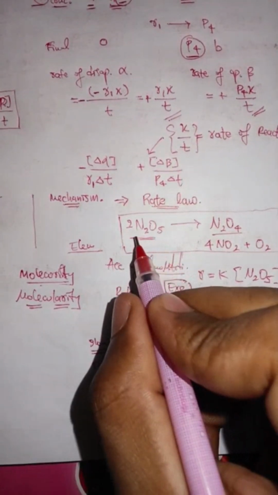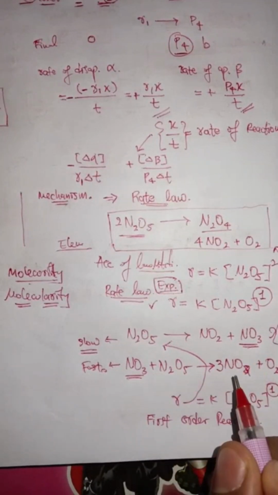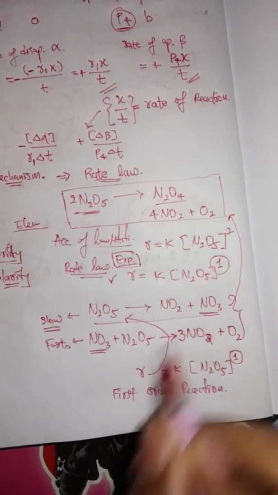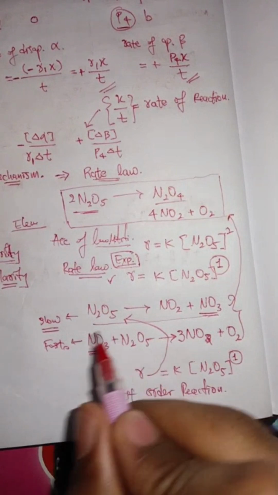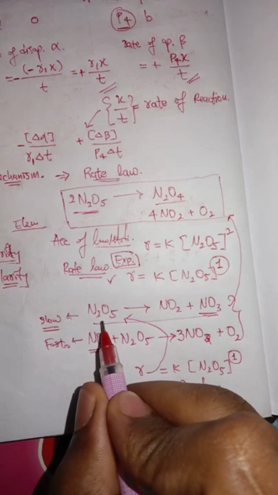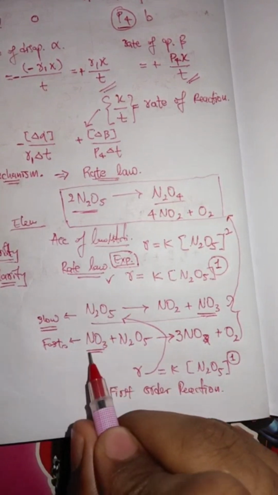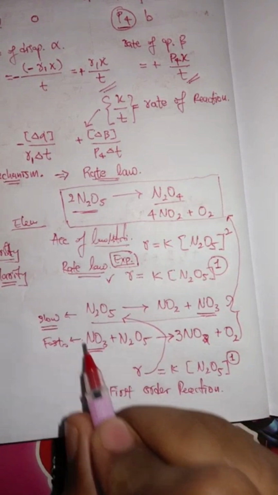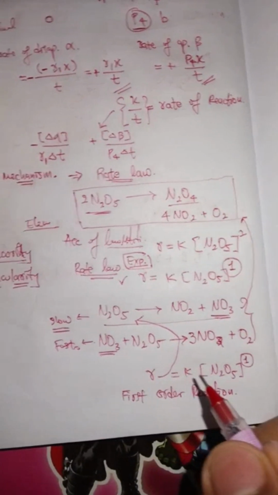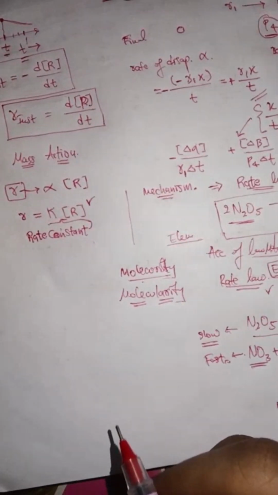The reason is that the mechanism is different and it happens in 2 steps, so for each elementary reaction itself we find the molecularity. Here the molecularity for this reaction is 1, where one molecule of reacting species is available, and for this reaction the molecularity is 2, as there are two molecules where the reaction actually occurs. This is the idea of molecularity and its definition.